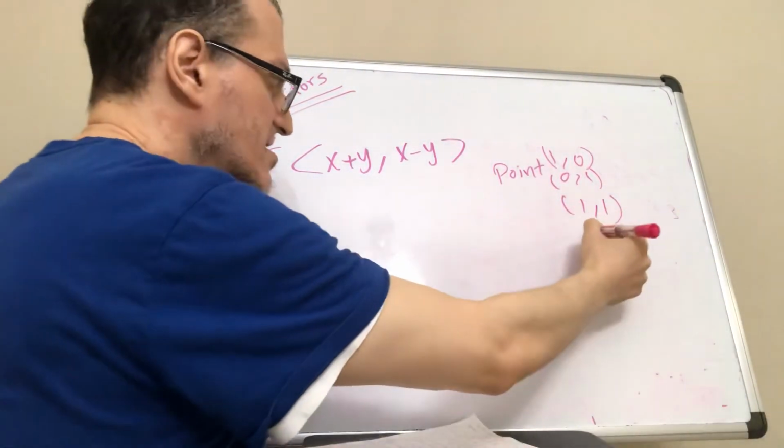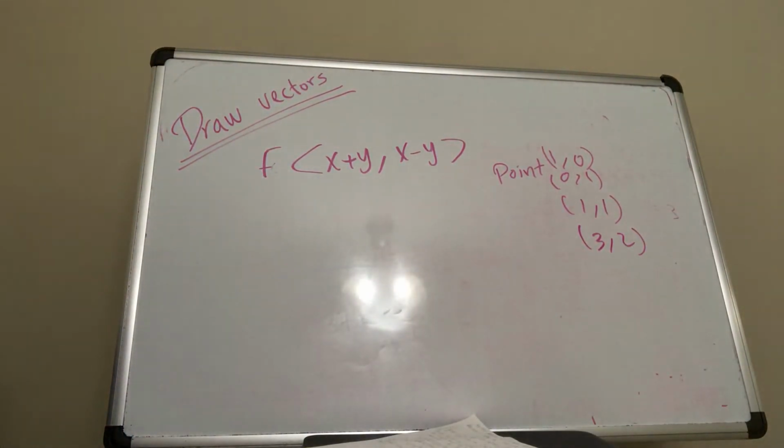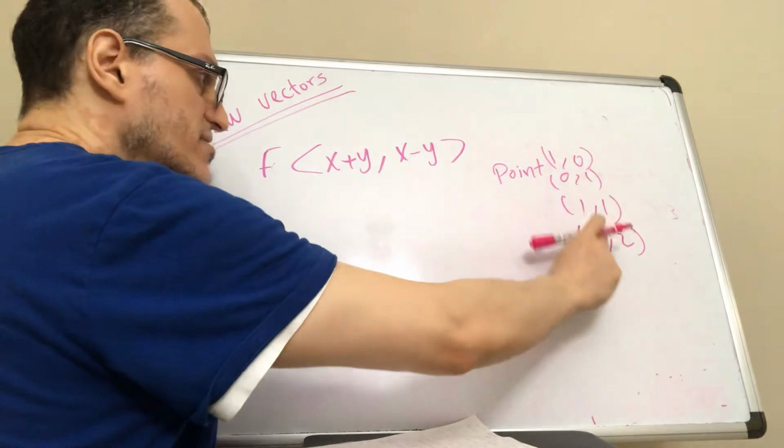We can make up another one, like 3, 2. It doesn't matter. Or 1, 2, just to simplify.